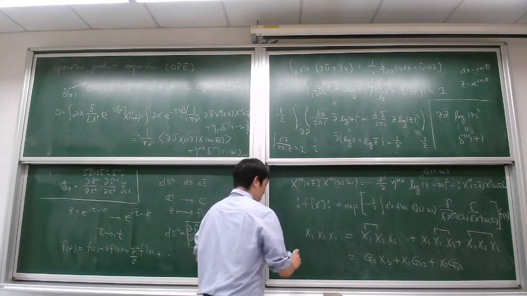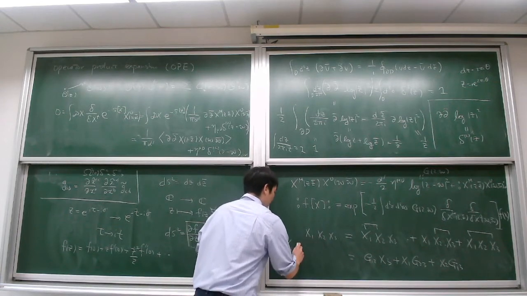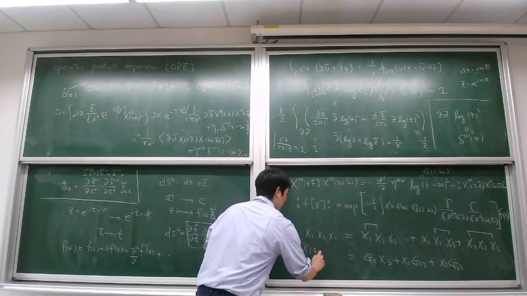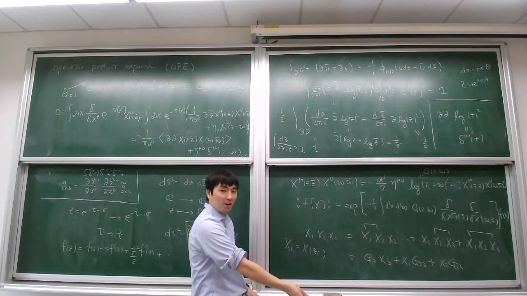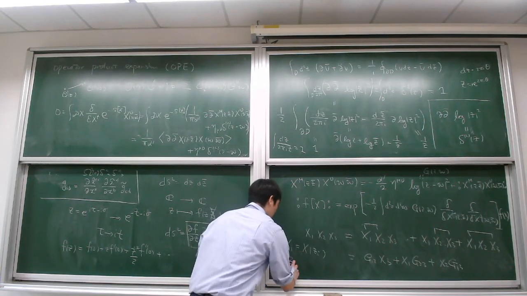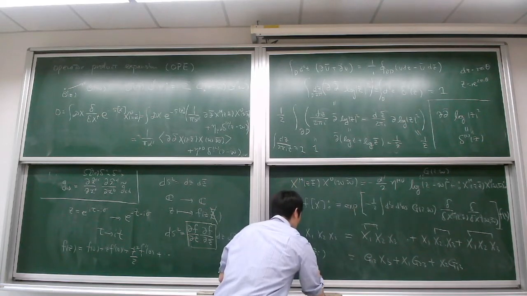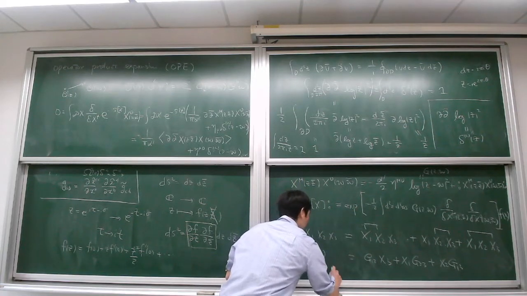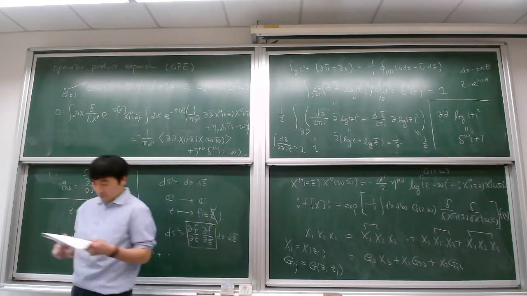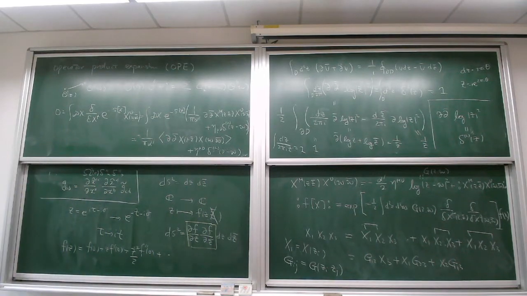Of course, I just considered xi as x of i, and I forget about the anti-holomorphic part, and Gij is G of zi and zj. So that's the OPE you get.